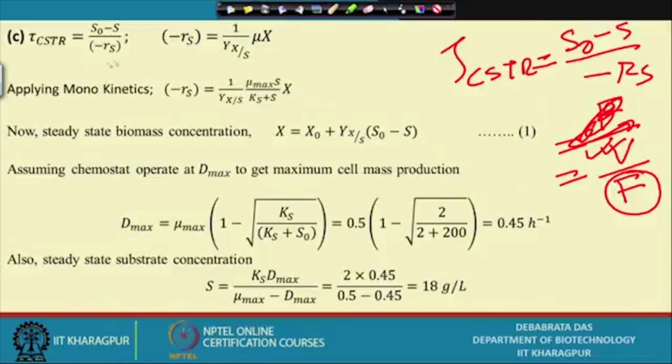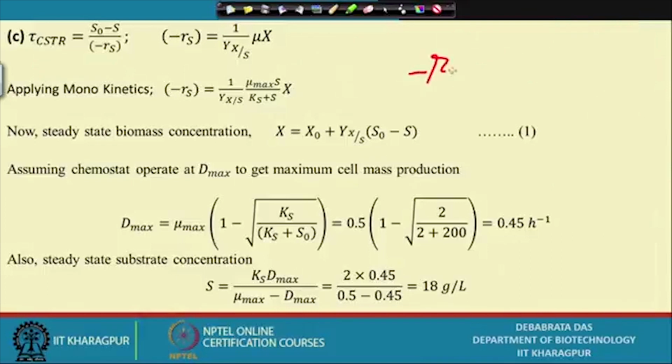Here it is exactly written that tau CSTR equals S0 minus S by minus RS. Now, minus RS, how can we write it? Minus RS is equal to minus ds by dt. Am I right?